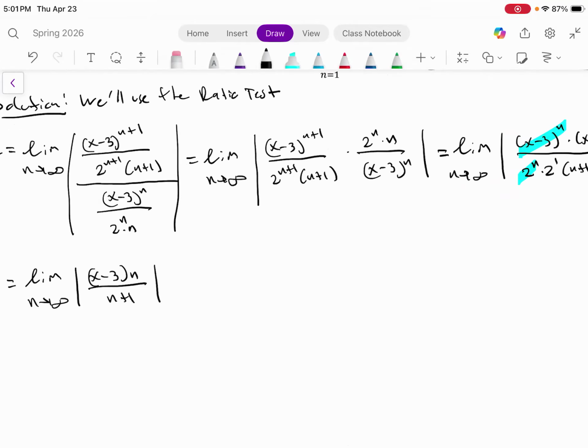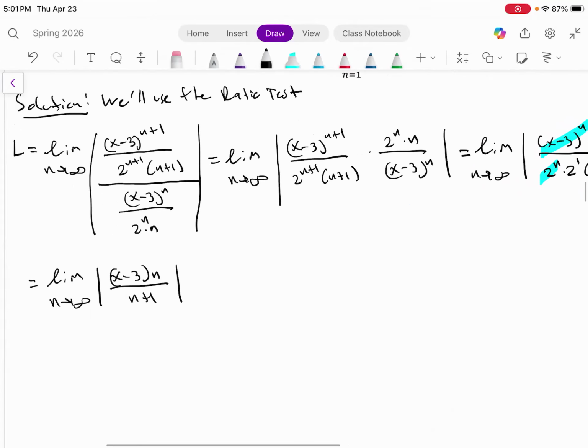Okay, so if you recall using ratio tests, there's one component we do within these problems: recognizing that this limit is discussing n. This limit has nothing to do with x. So we can essentially take out an x expression. So I'm going to take out x minus 3. Be careful, it's still absolute value. So it would be the absolute value of x minus 3 times the limit as n goes to infinity of the absolute value of n over n plus 1.